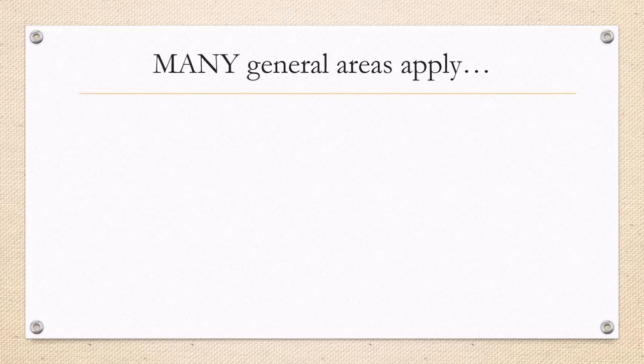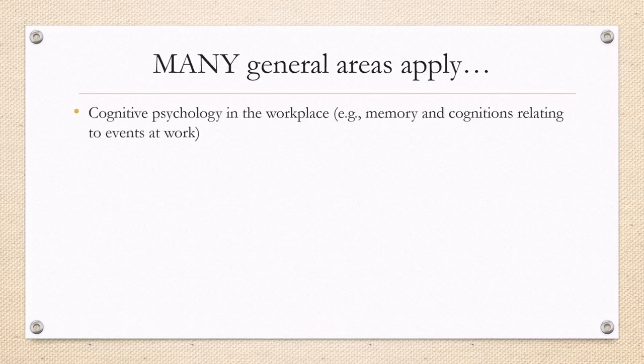There are many areas of general psychology that apply to the workplace. And if we just look at some of these, cognitive psychology can be applied to the workplace in terms of our memory, how we learn, how we are learning within training situations, or how we just remember things throughout the day.